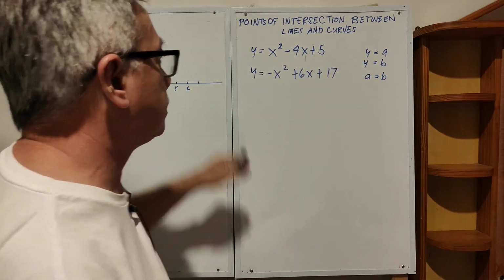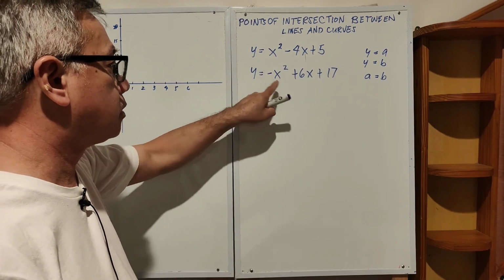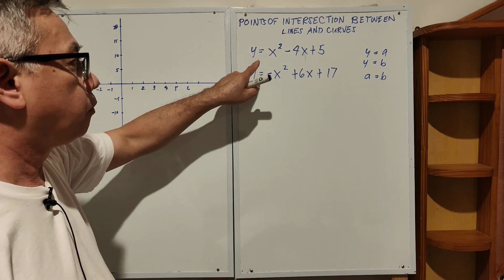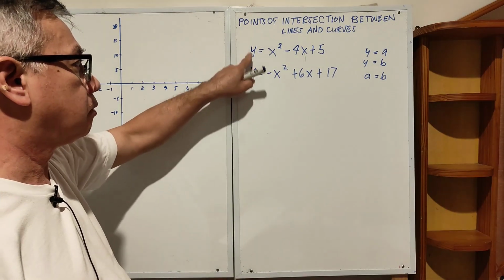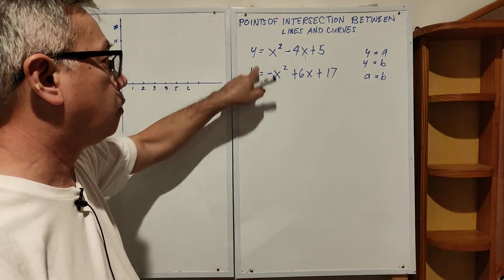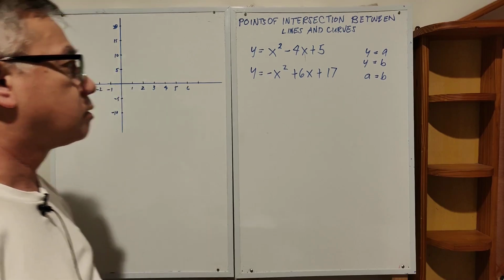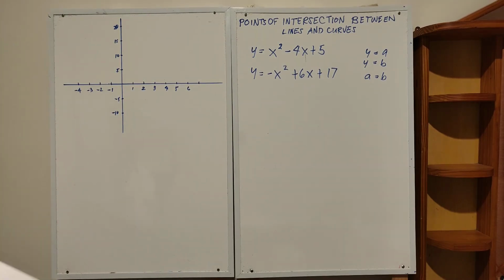This applies here because each equation is already y is equal to something. So if we want to know the point of intersection of these two curves, we can equate them and solve for the point of intersection.